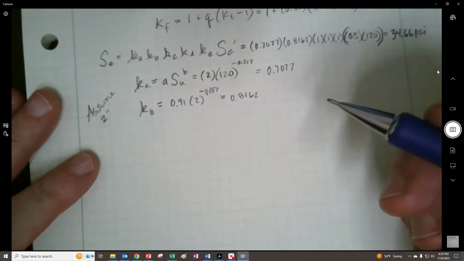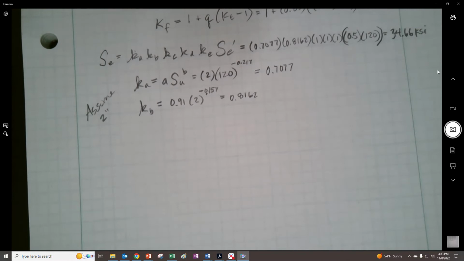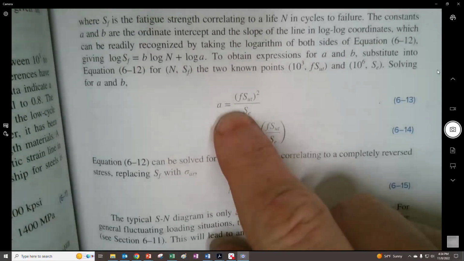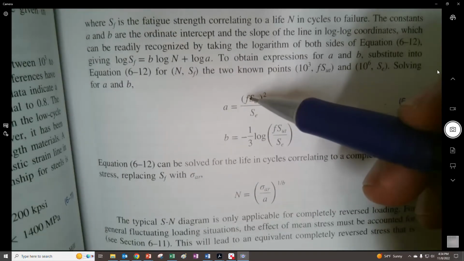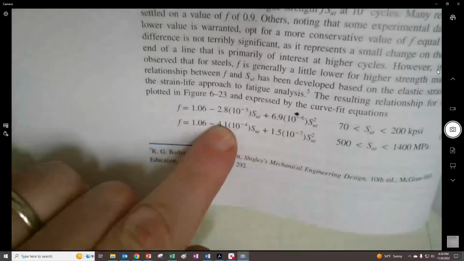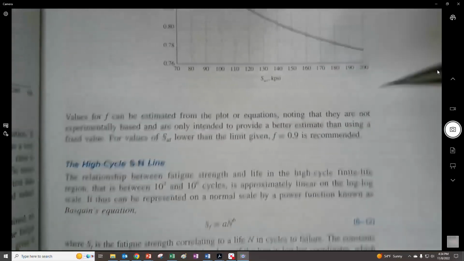So in order to do that, I need to first find these coefficients A and B, and they're found from right here. I first need to find f. They have an equation for it now in the 11th edition for f as a function of ultimate strength, but we can also find it from right here.